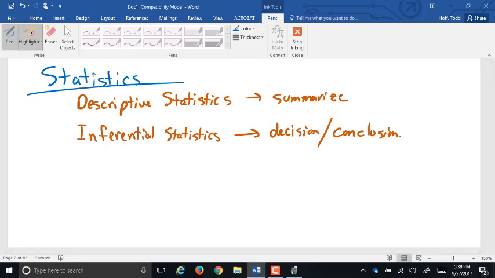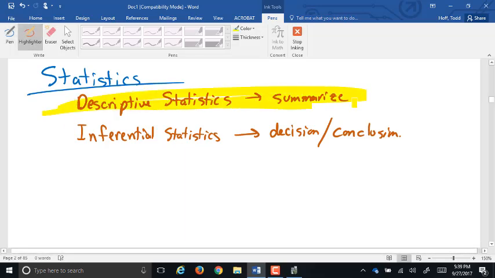For what we're going to be seeing in here over the next 2 weeks, it's going to be pretty much all descriptive statistics. I might hint in a couple of spots of how you could use this to make a decision, but it's really not inferential statistics. Descriptive statistics are necessary to give you the information to make informed decisions, but we're not going to actually get into those statistical decision-making processes.